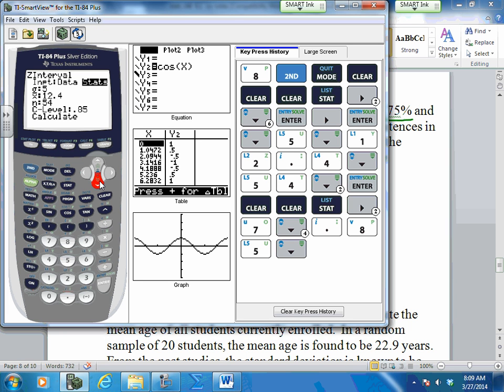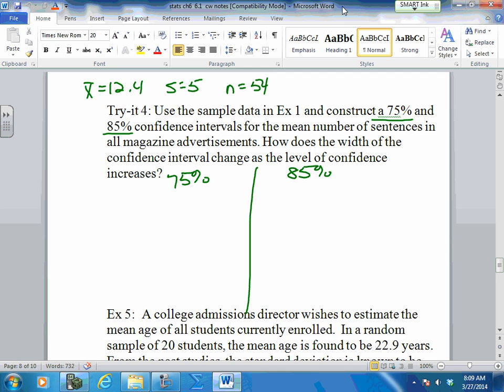And you're going to calculate. And you're going to give me your intervals. We're going to set your intervals up on a number line. And then we're going to take a look at your margins of error as well. Is everybody able to find it on the calculator? It's so much easier when we're looking at this.